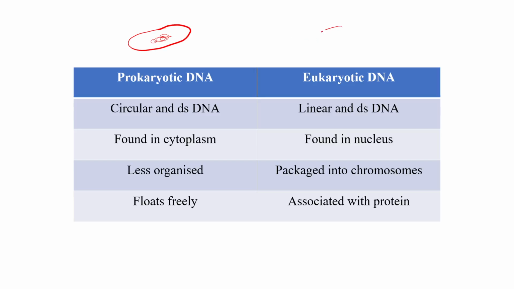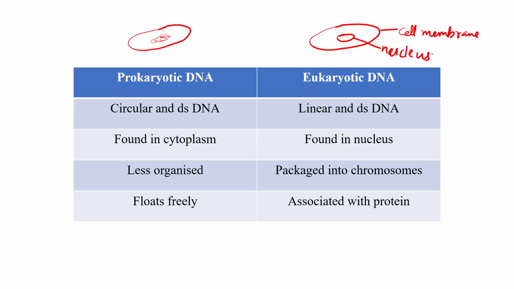In eukaryotic cells, we will have multiple membrane-bound organelles. So we will have a nucleus which has its own membrane. This is the cell membrane, the outer cell membrane, and then inside the eukaryotic cell you will have different organelles with their own membrane.